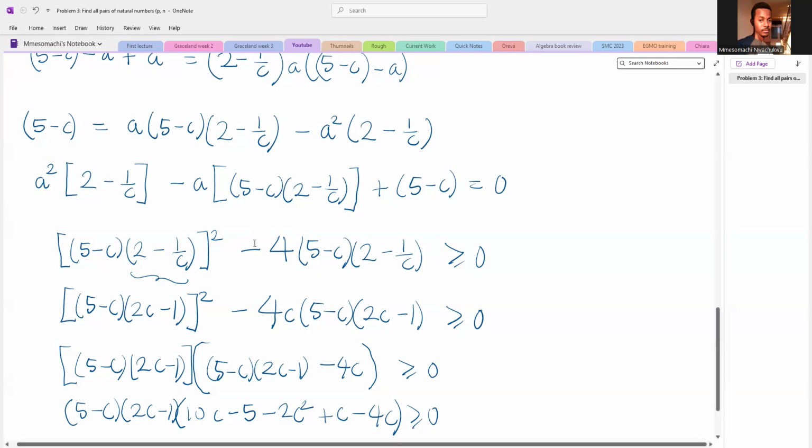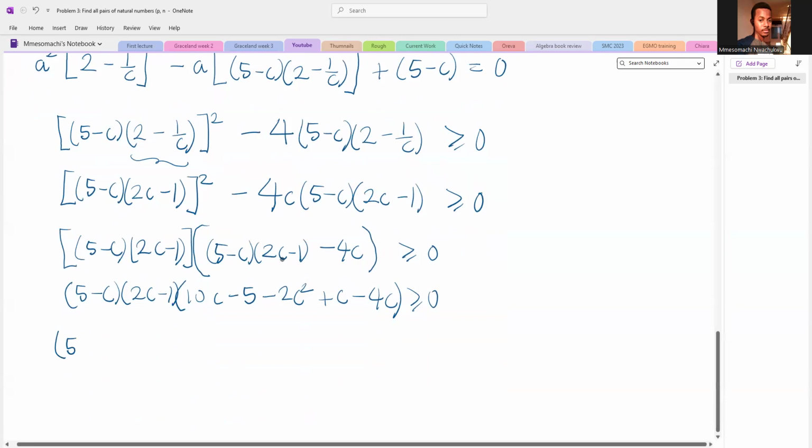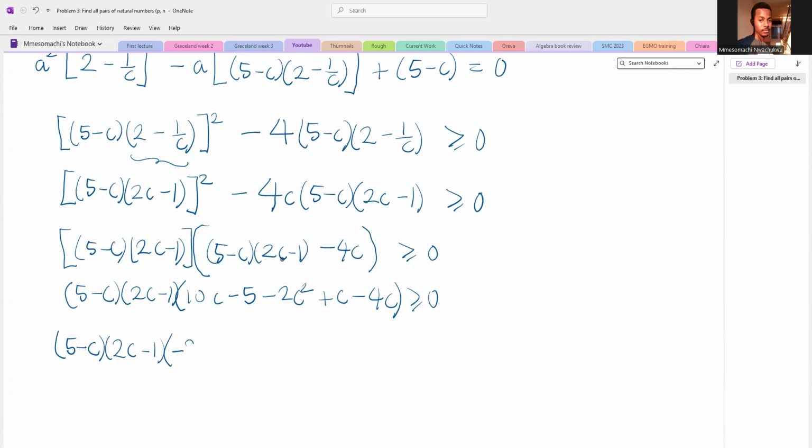Let's scroll down a bit. Yeah, lots of algebra here. So we have minus 2c squared, and 10c plus c minus 4c. So 10c minus 4c is 6c, plus c, that is 7c.